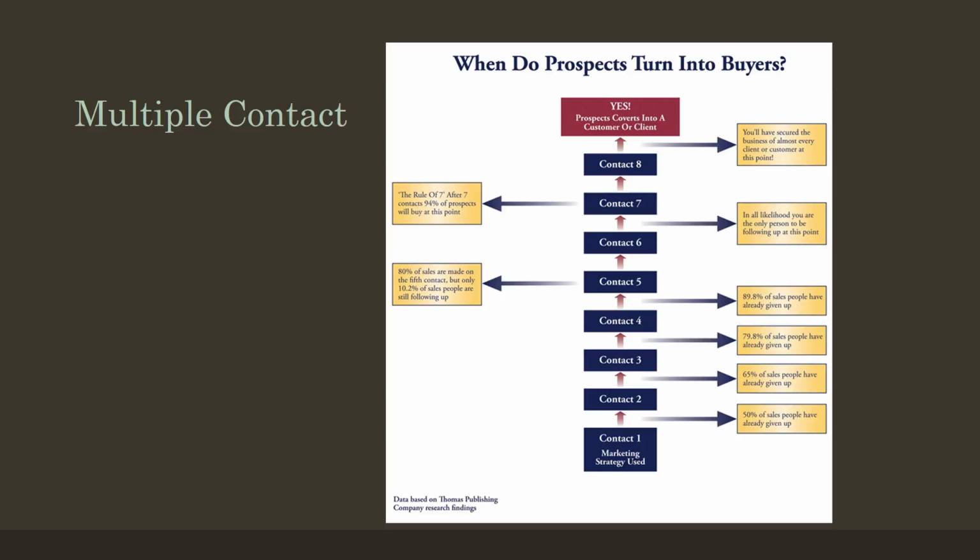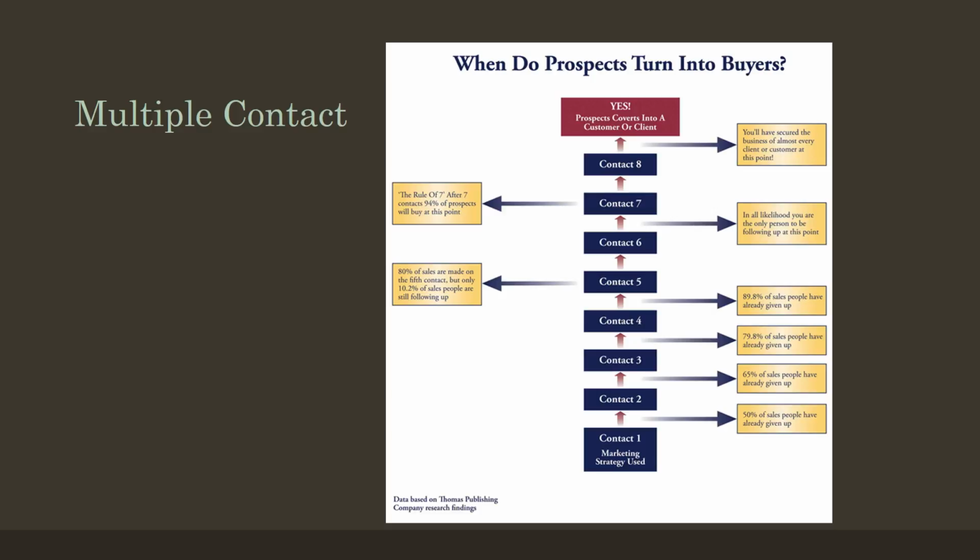Contact 7, the rule of 7. After 7 contacts, 94% of prospects will buy. These are people that have seen value at each step in the process. Contact 8, you'll have secured the business of almost every client or customer at this point. After 7 or 8 contacts, your buyer or your prospect will turn into a customer.